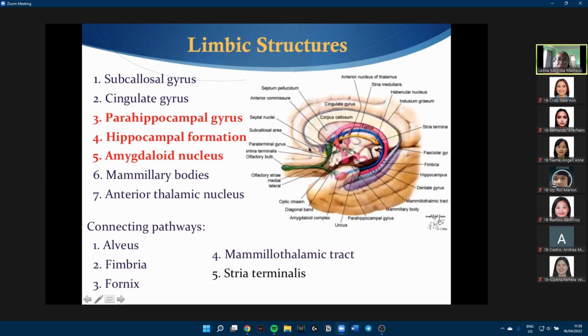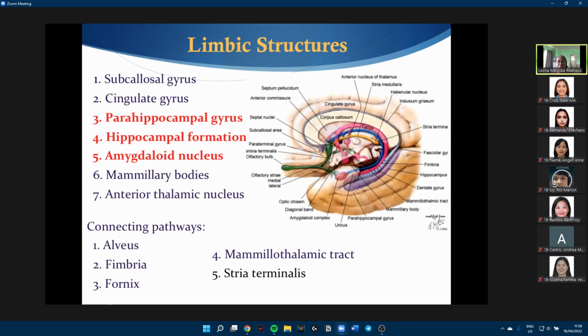So these are the first two structures we're pointing out, the subcallosal gyrus and the cingulate gyrus. These are the two structures that you find superiorly. Now, here inferiorly, we also have, of course, the parahippocampal gyrus over here, no? Which we already saw at the inferior aspect of your cerebrum.